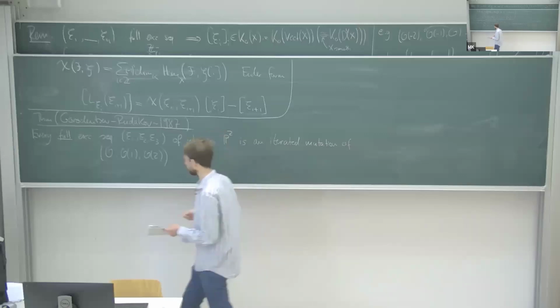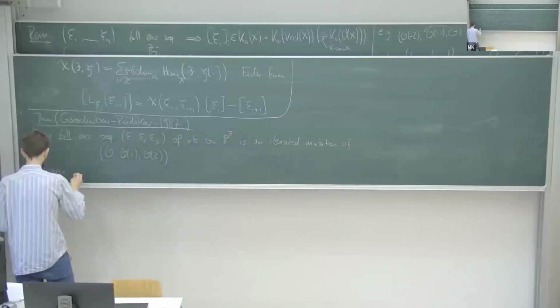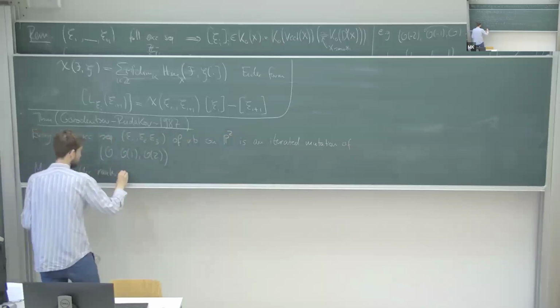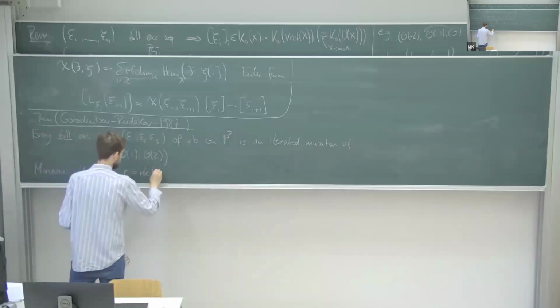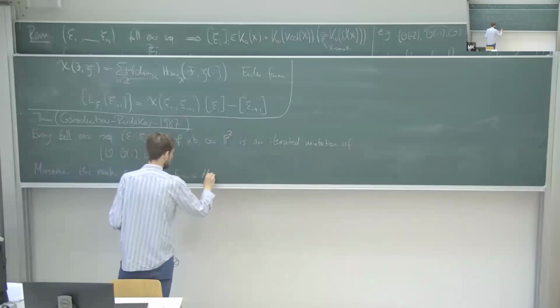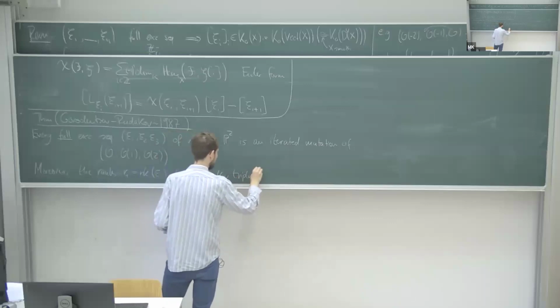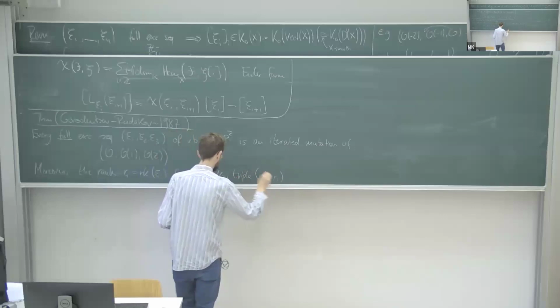So the second part of the statement is that, moreover, the ranks r_i, the rank of E_i, form a Markov triple r1, r2, r3.